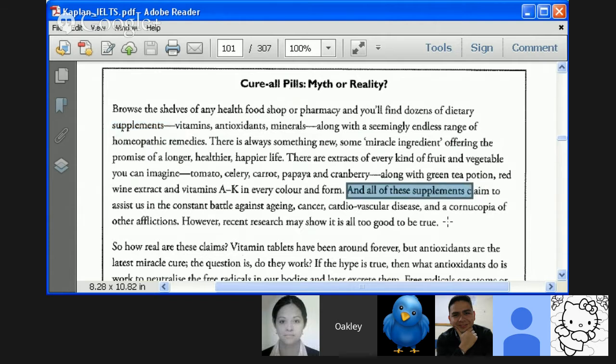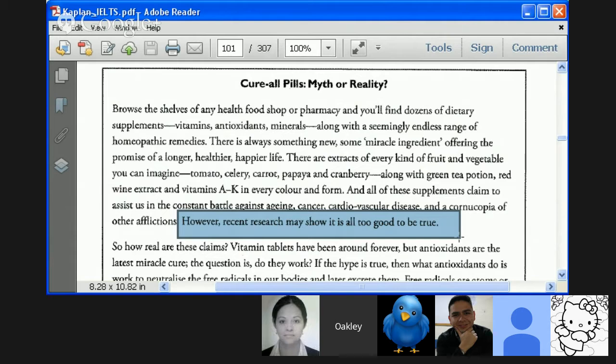The overall topic is dietary supplements. But the focus or the intention of the author we see in the last line. This is very common, so be aware to look for this. Recent research may show it is all too good to be true.